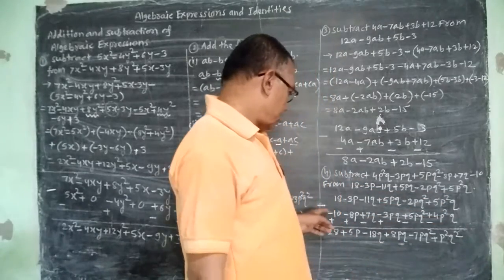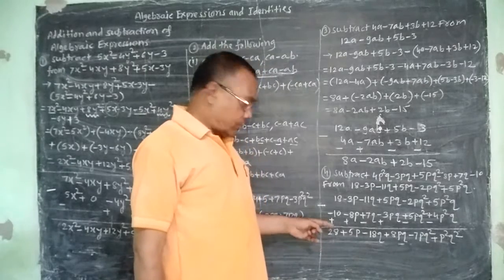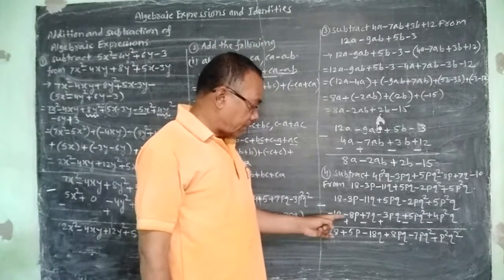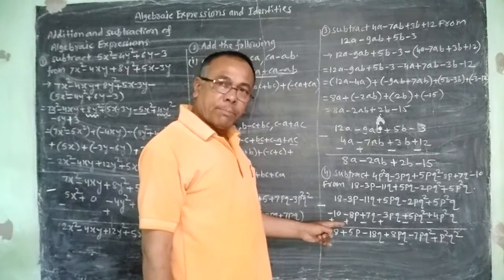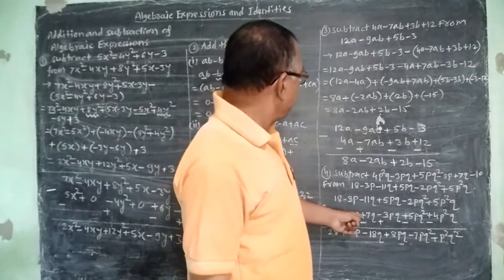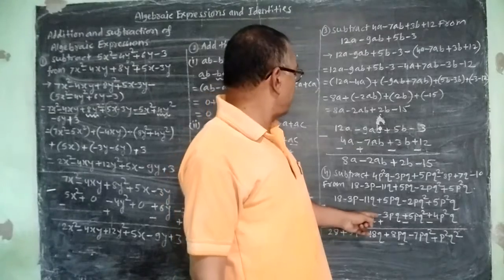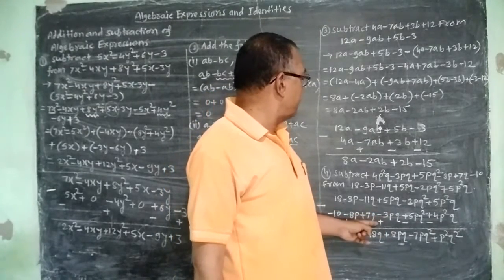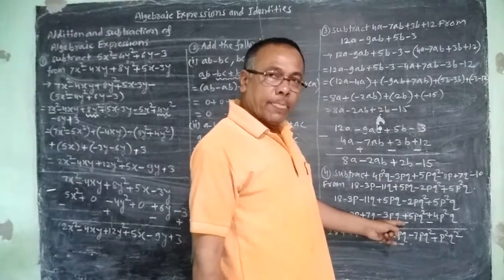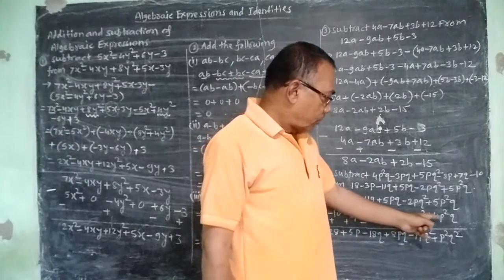And now we will change the sign since there is subtraction. So minus 10 will become plus 10, minus 8p will become plus 8p, plus 7q will become minus 7q, minus 3pq will become plus 3pq, plus 5pq square will become minus, plus 4p square q will become minus.